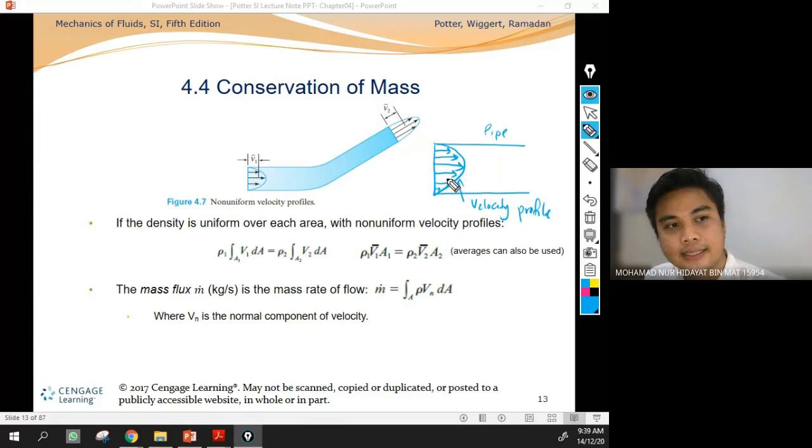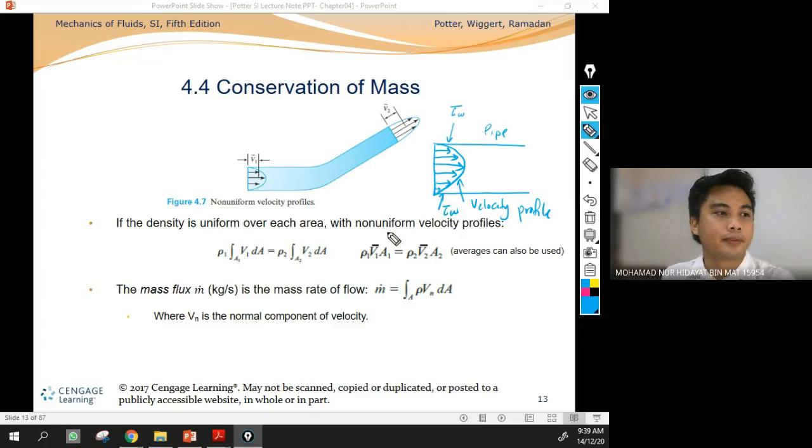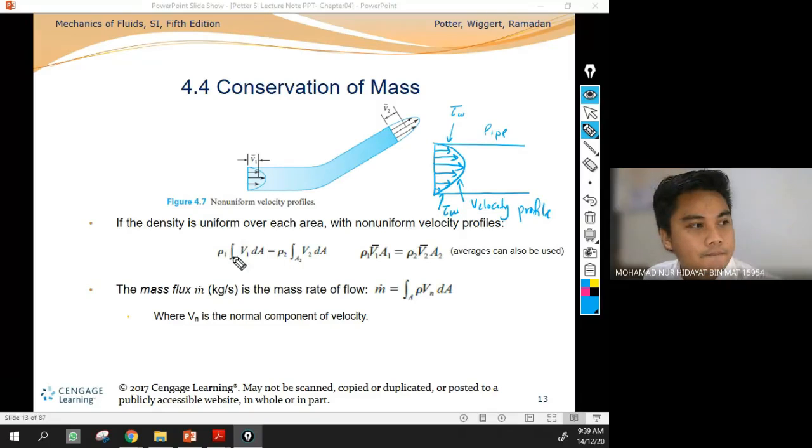It is like this because we have the shear stress along the wall. We call it tau wall. Right? If the density is uniform, that means we assume the density is uniform like this.